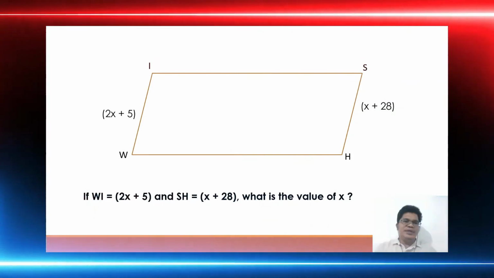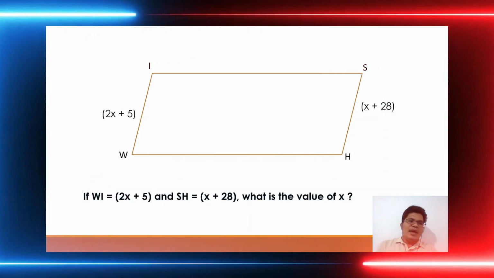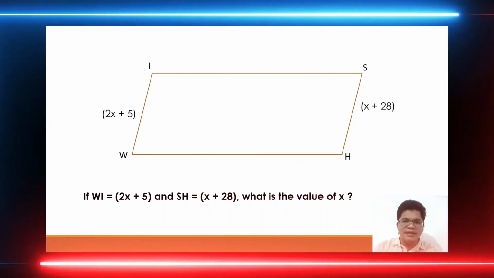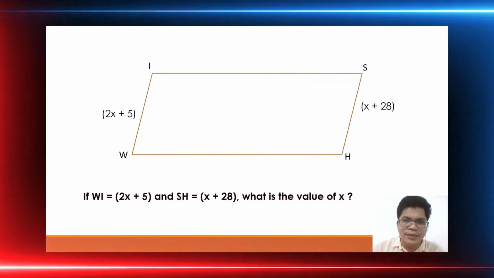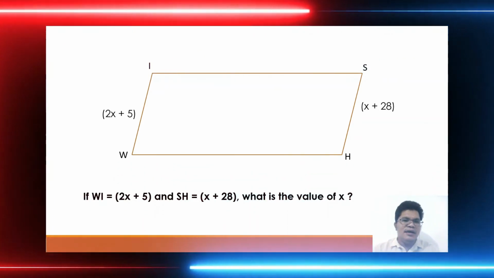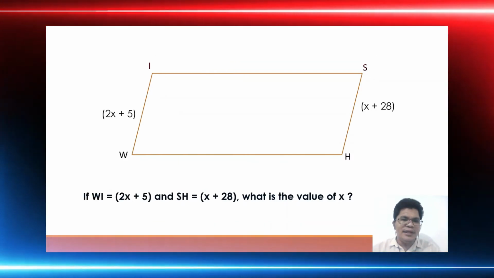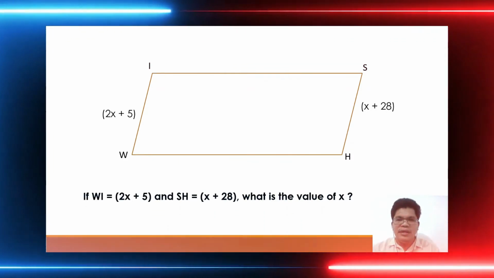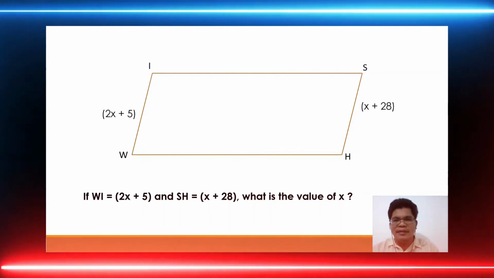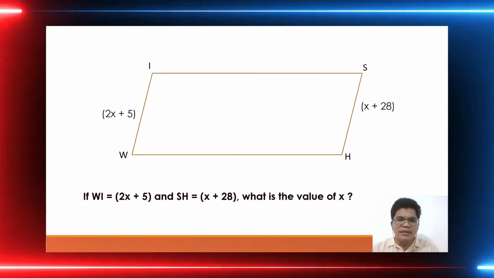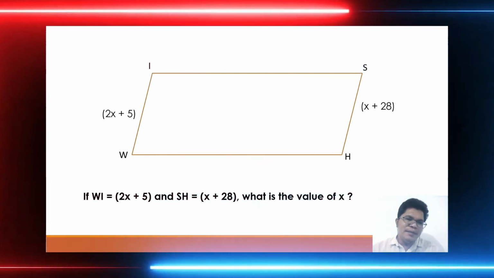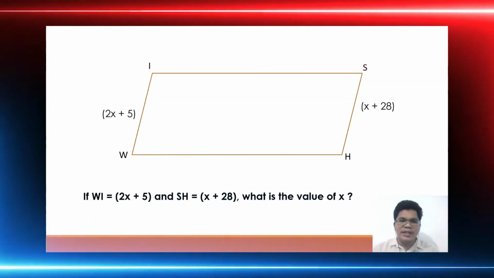One of the properties of a parallelogram is that any two opposite sides of a parallelogram are congruent. So the length of side WI is equal to the length of side SH. So 2x plus 5 equals x plus 28.